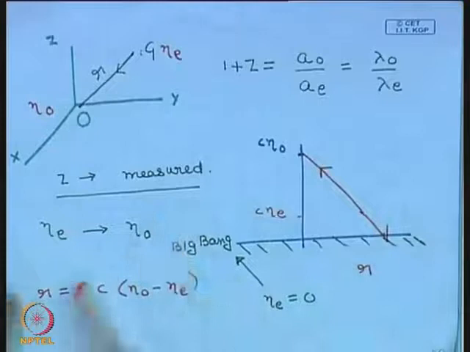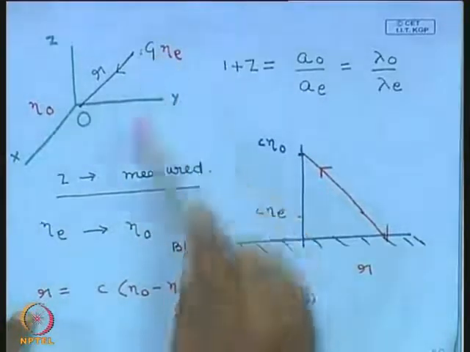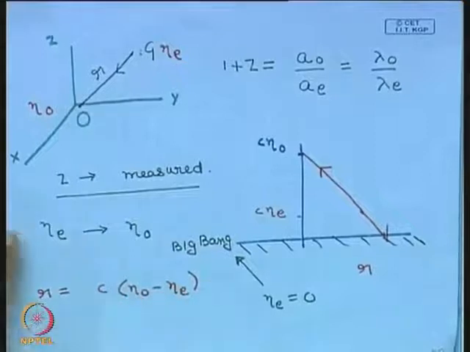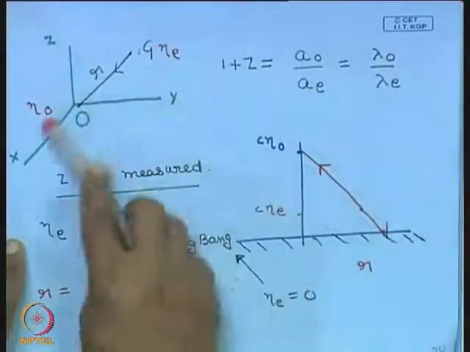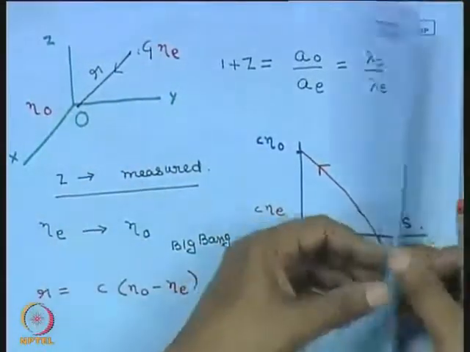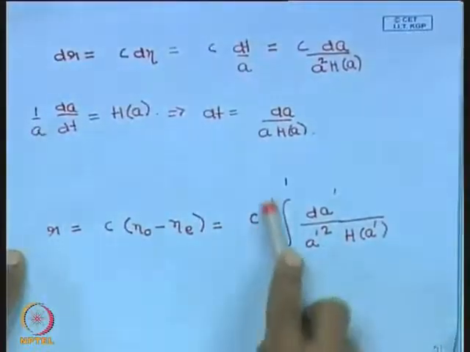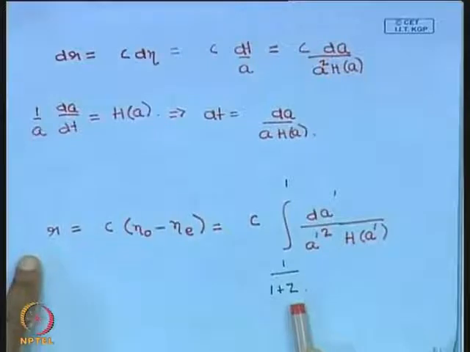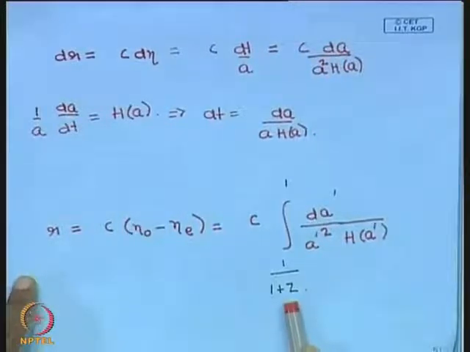And the comoving distance to this galaxy is equal to c times the difference in the conformal time between these two events, and we worked out how to calculate this. To calculate this, you have to carry out this integral. This integral allows us to determine the comoving distance to any source whose redshift is known.